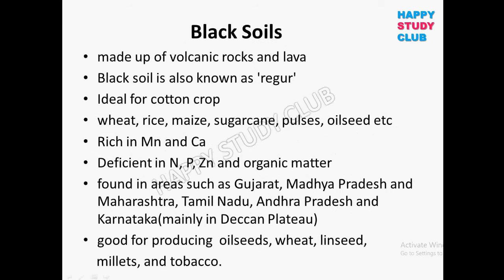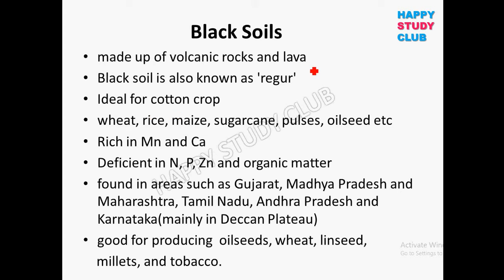Now see, next is black soil. Black soils are made up of volcanic rocks and lava. Black soil is also known as Regur. Regur is a Telugu word, and these soils are very ideal for cotton crop.